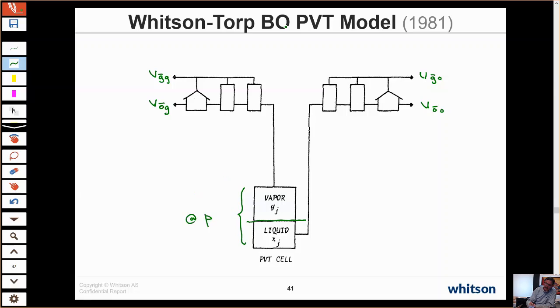Now remember, every black oil table we're creating is at a constant temperature, right? It's always going to be at a constant temperature. You can pick your temperature, you can redo the same experiment with the same initial fluid and so forth. But you basically need to create equilibrium vapor and equilibrium liquid phases at a wide range of pressures, okay?